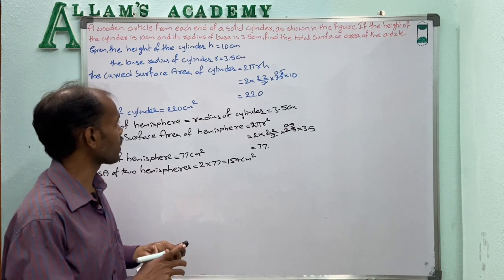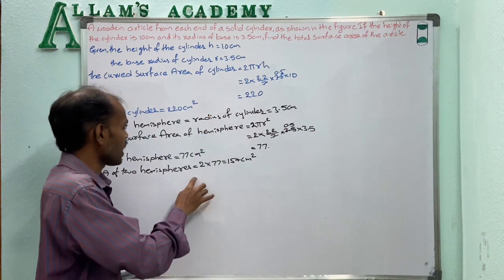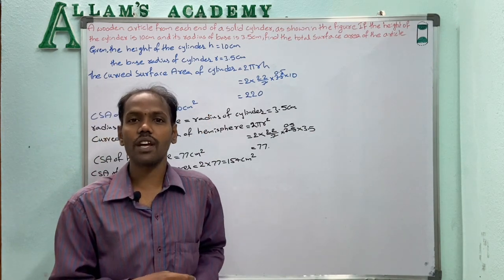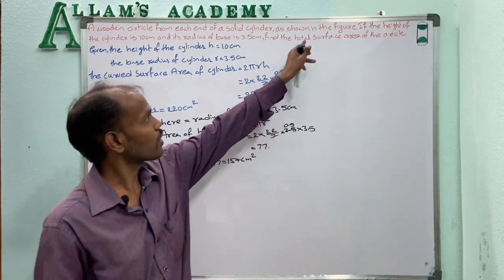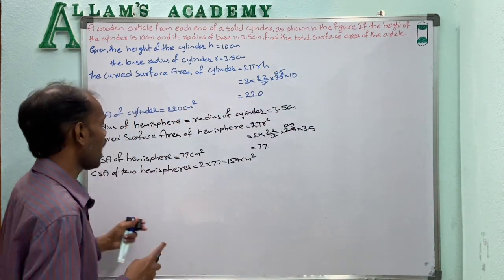Okay, so now we have the curved surface area of the cylinder and the curved surface area of the two hemispheres. Now we find the total surface area of the article.